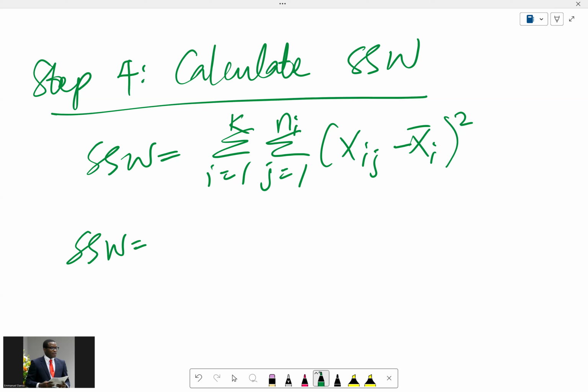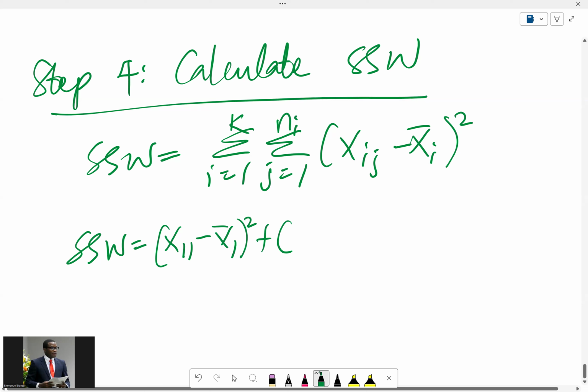So if you have 3 groups, when i is 1, we have X1, that is group 1. So we have X1,1 minus X1 bar all squared, plus X1,2 minus X2.